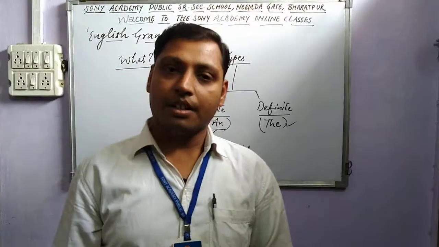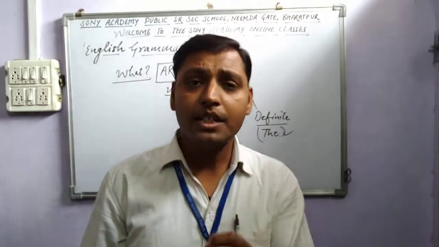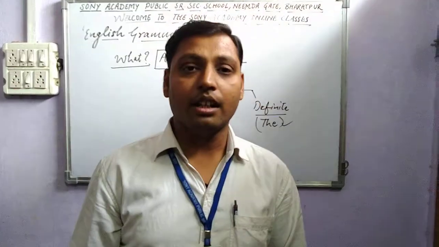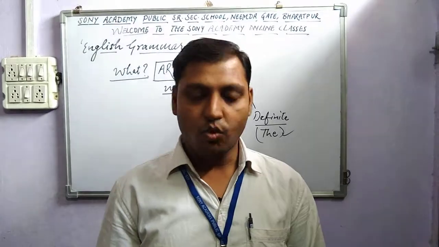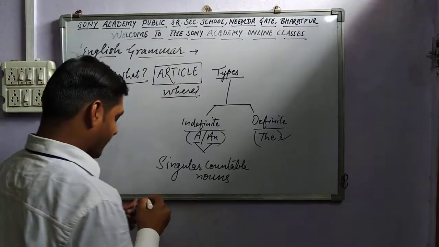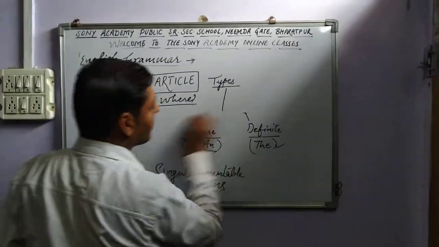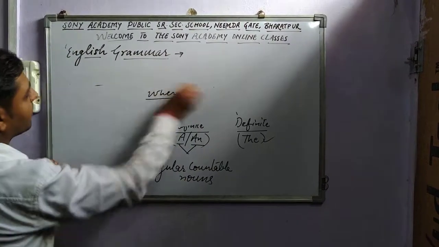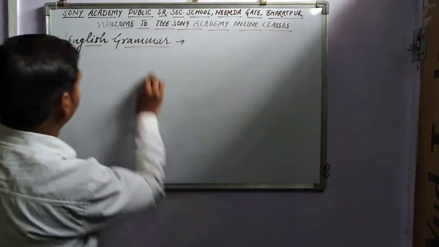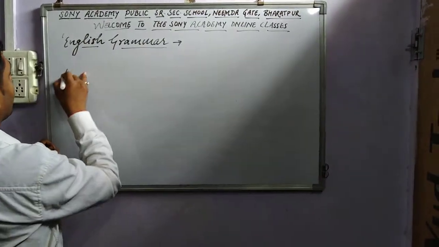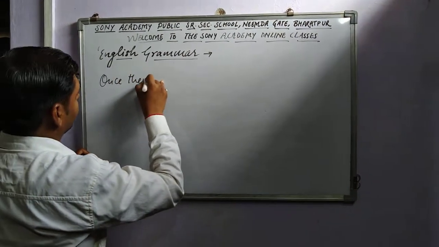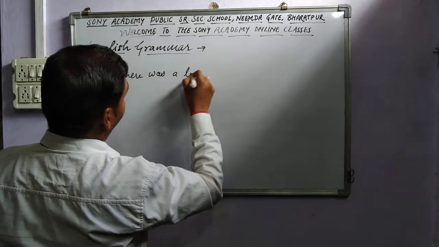Again, there is another fact that the is also used before the things or nouns that have been used or mentioned earlier. Like, once there was a lion.